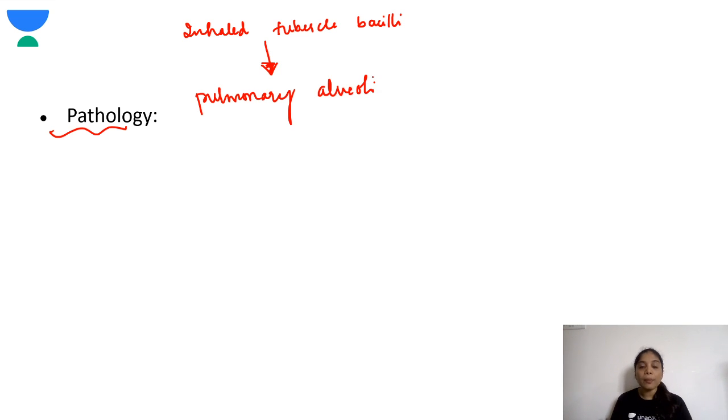Once it's in the pulmonary alveoli, what will it do? It will eventually cause inflammation, which leads to hyperemia and congestion, right?